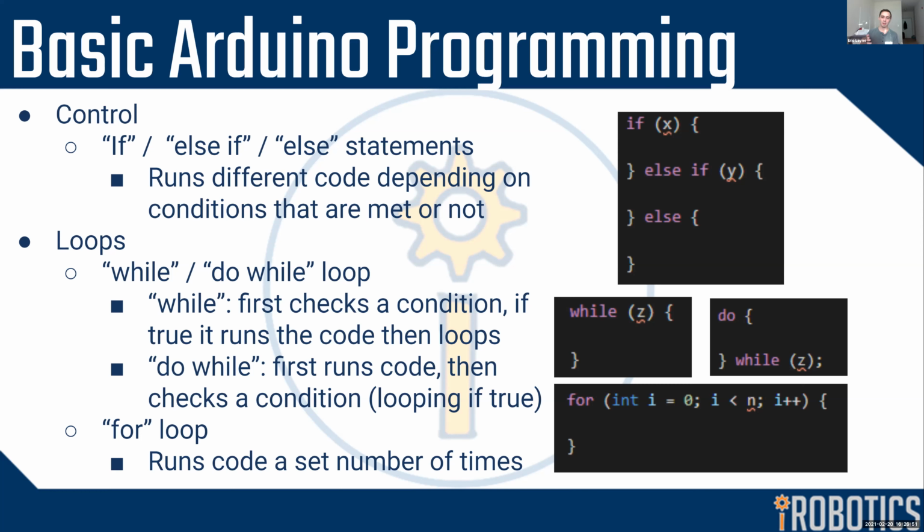This lets you check different conditions like I mentioned in the previous slide. Like if a pin is high, I want to run this bit of code. If the pin is low, I want to run this bit of code. You put things in between the curly braces, and that code will run if the condition is met.